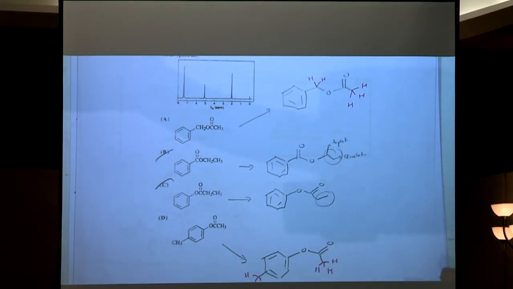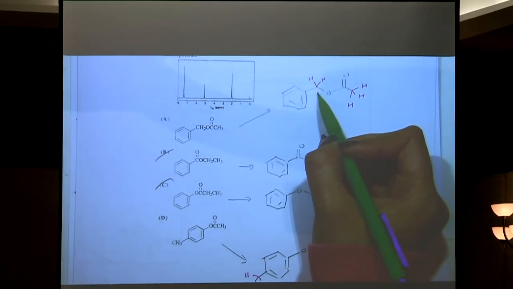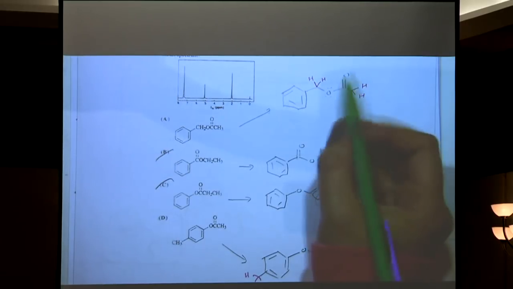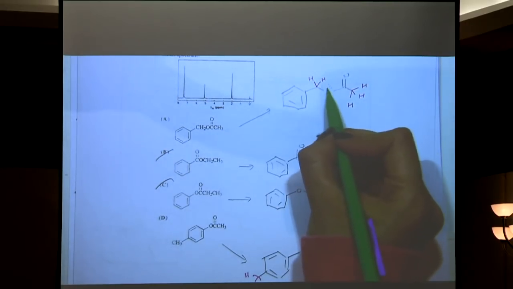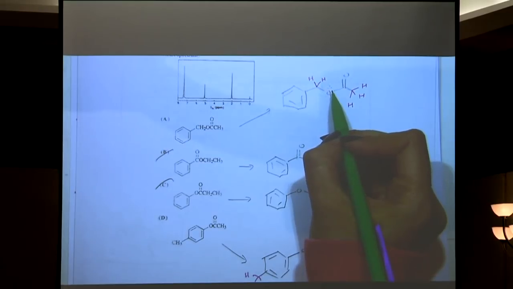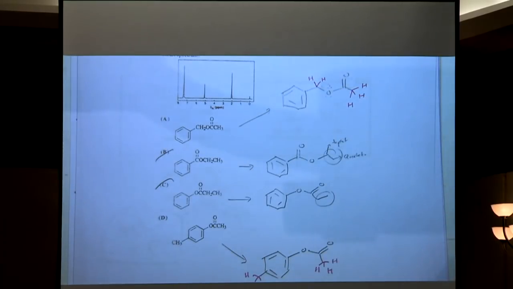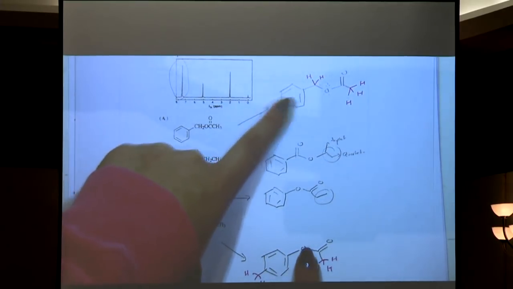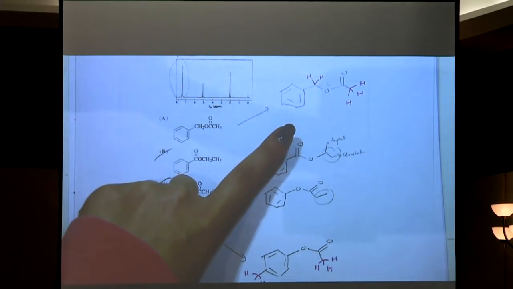If we look at these, they are next to this oxygen, which should make them more shielded because the oxygen could donate electron density to the hydrogens. And for the benzene ring reading, it is typical to see it over here around 7.5. So they both have that reading, but these are more shielded than these over here.